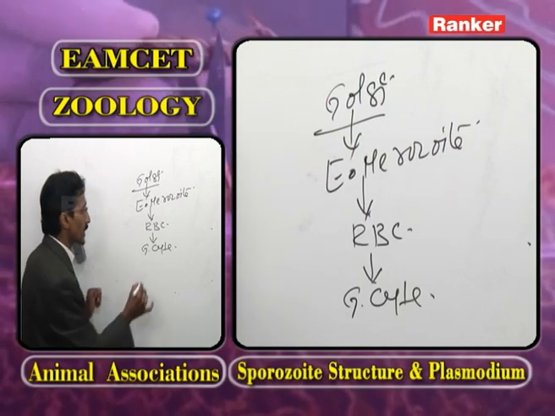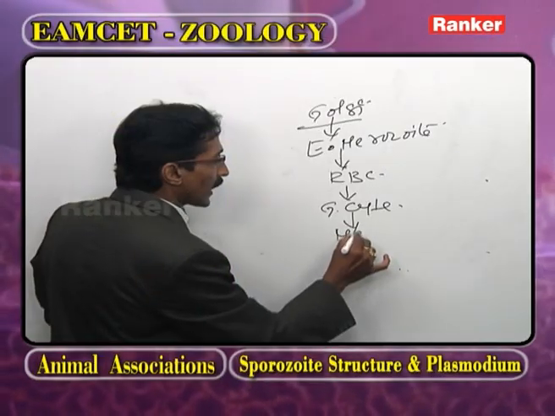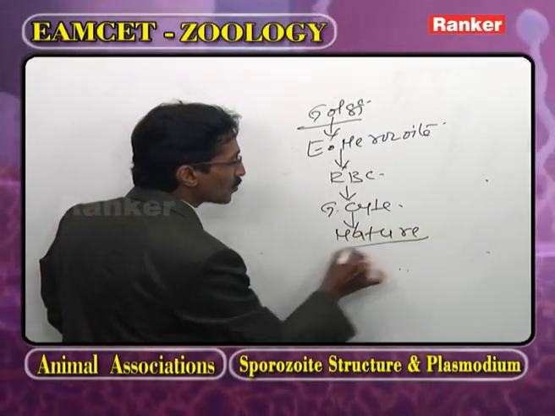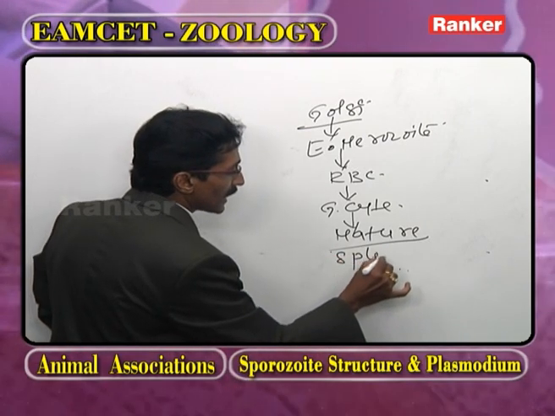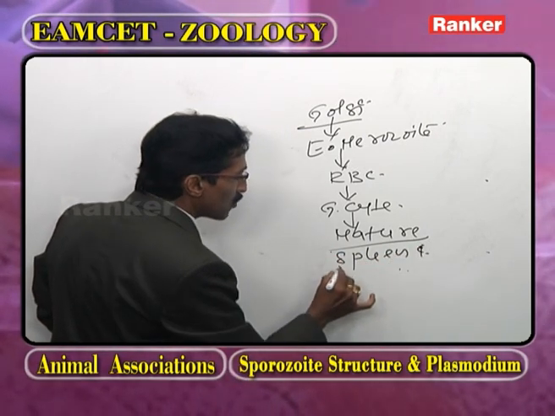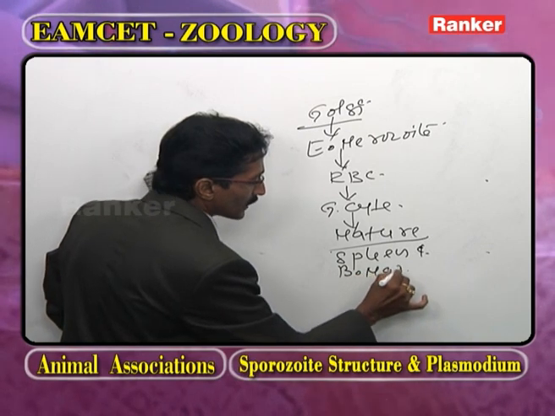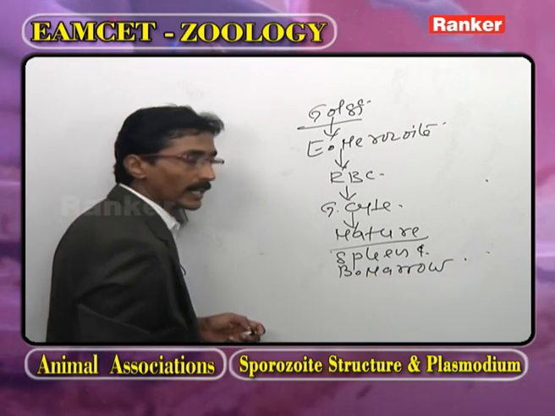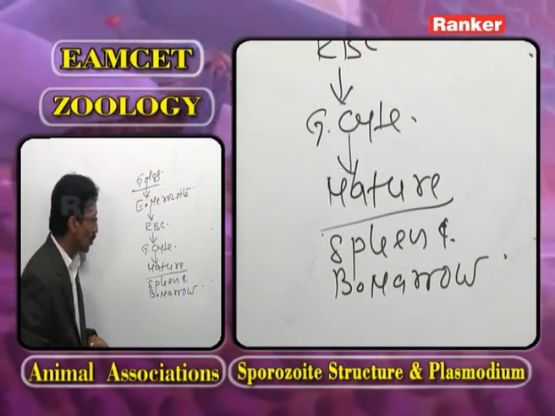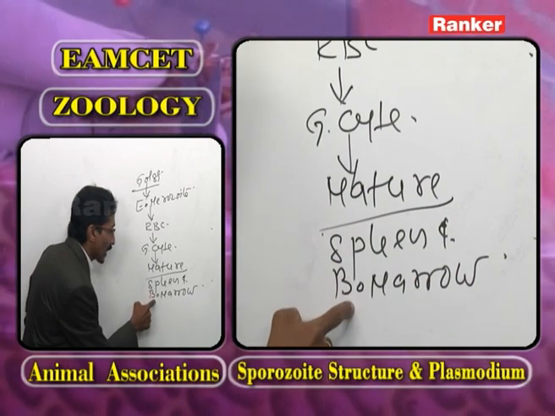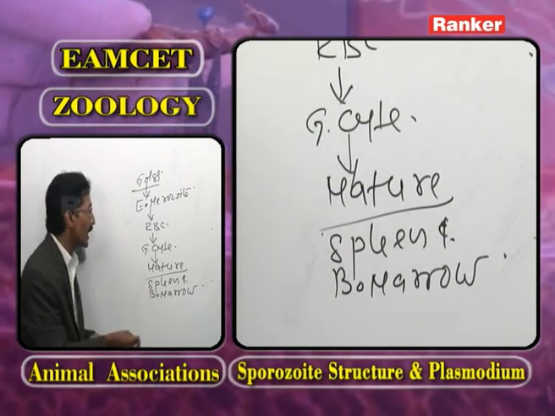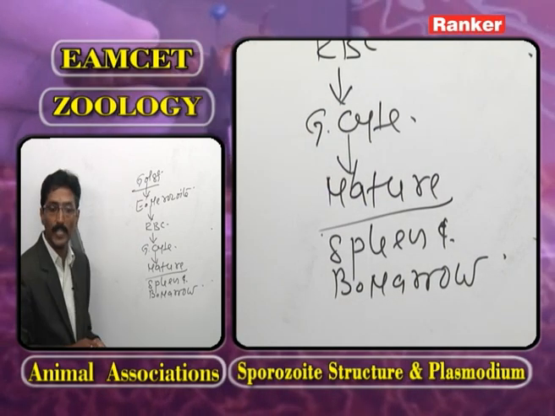Where do the gametocytes mature? In the bone marrow and spleen, the gametocytes mature. The spleen and bone marrow produce RBC, and inside the RBC the gametocyte is present.